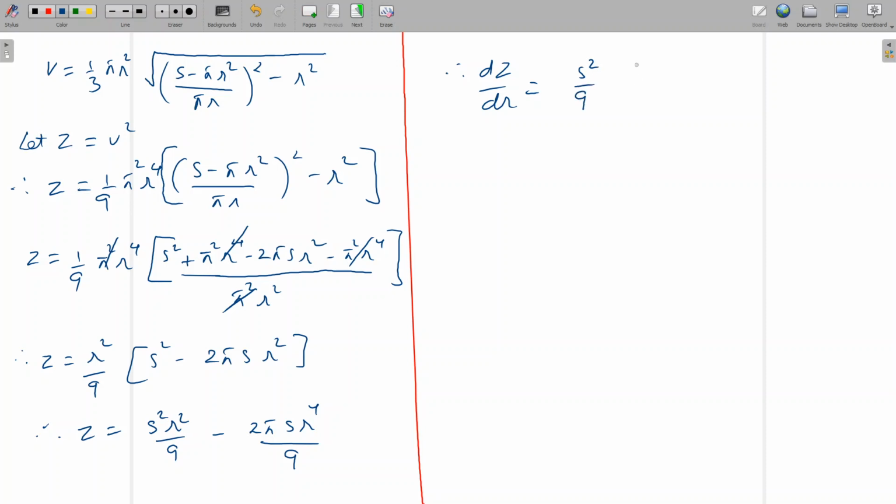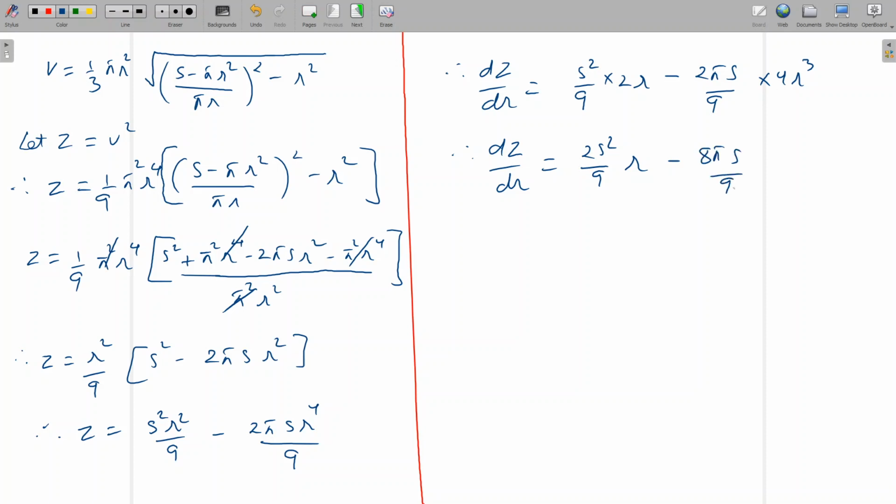Differentiation of R square is 2R, minus 2 pi S over 9, that is constant. Differentiation of R raised to 4 is 4 R cube. Therefore, we will be getting dZ by dR equal to 2 S square by 9 into R minus, this will become 8 pi S by 9 into R cube.